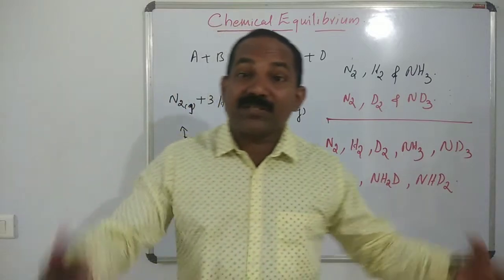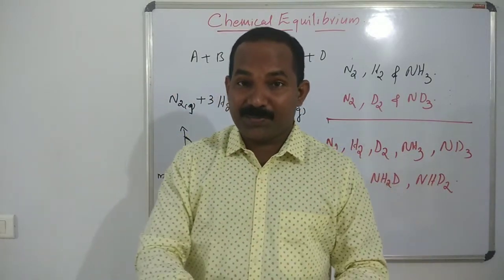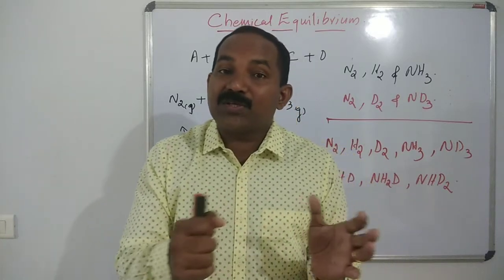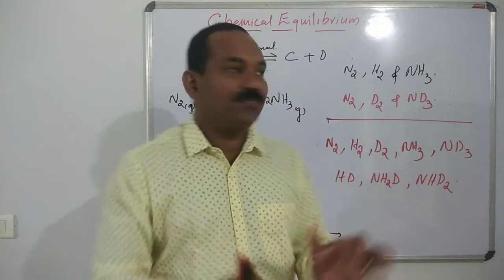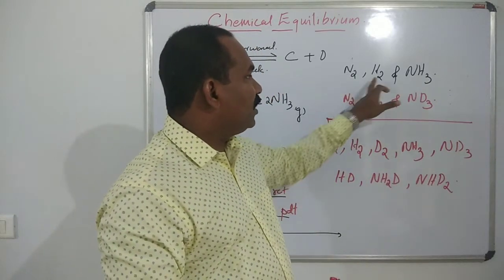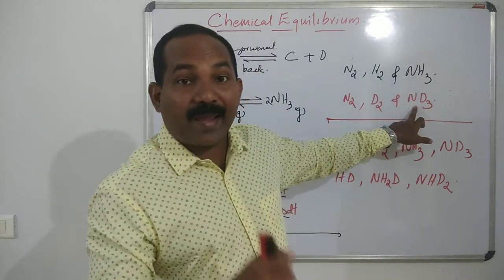And by mixing these two equilibrium mixtures, if there is no reaction, what are the reactants and product in that mixture? N2, H2 and D2, NH3 and ND3.